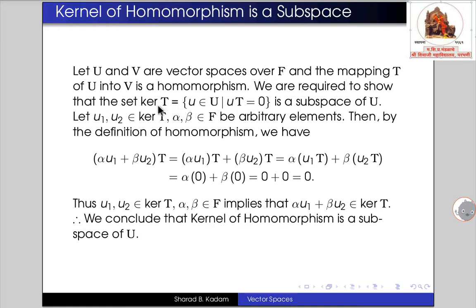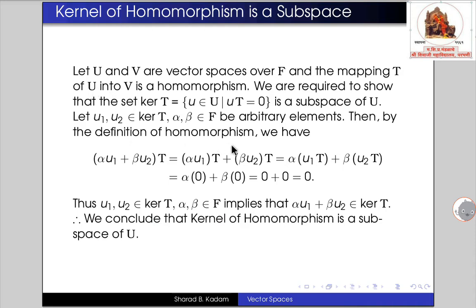The set kernel of T is a subset of the vector space U in which all the elements map to the element 0 in the vector space V. Now we will show that kernel of T is a subspace of U.